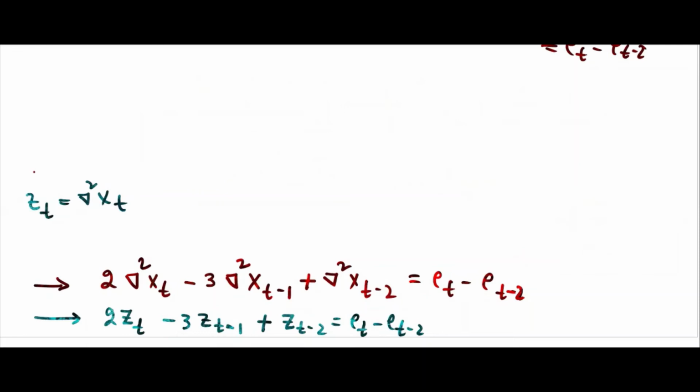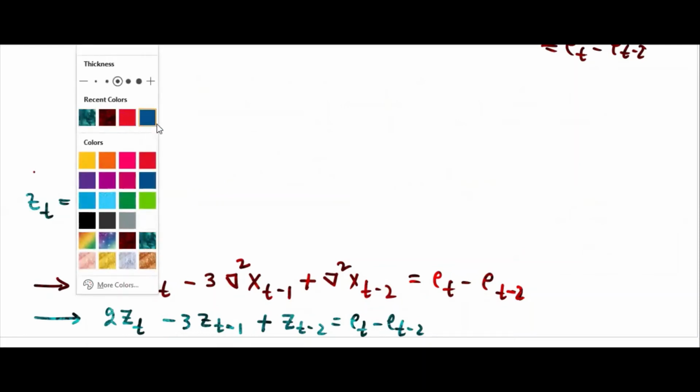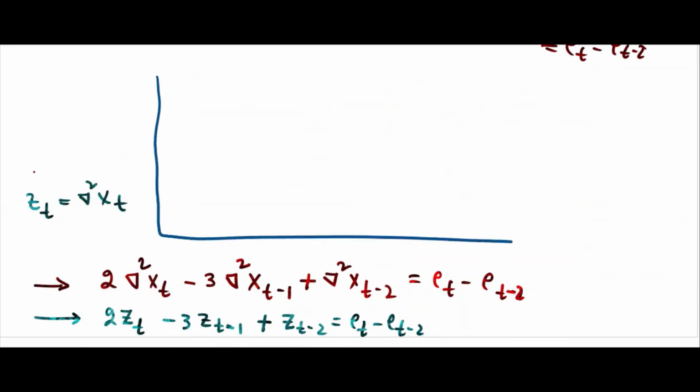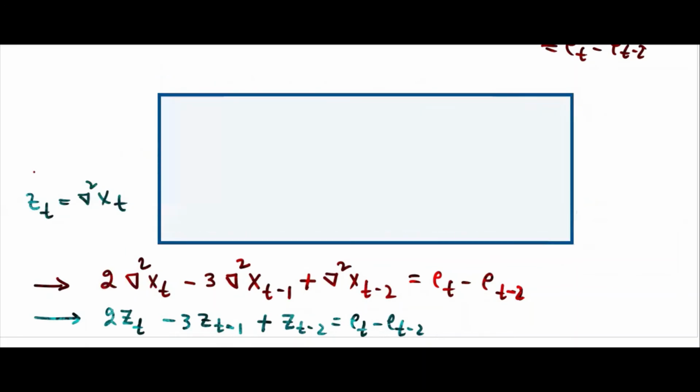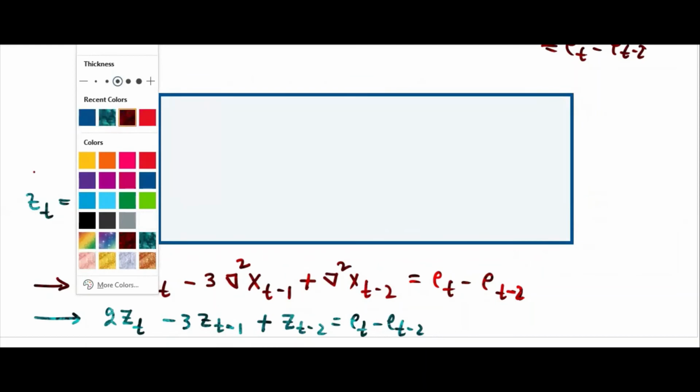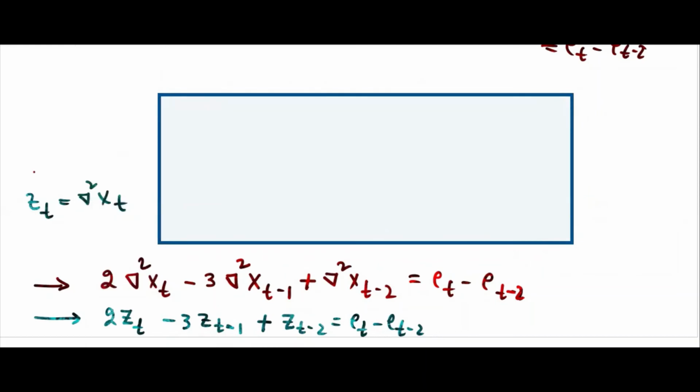It will take 2 minutes more, okay. So next what will happen? Let's create space here. Now 2 z_t minus 2 z_{t-1} minus z_{t-1}, okay, minus 3 z_{t-1}, and then we want plus z_{t-2} is equal to e_t minus e_{t-2}.